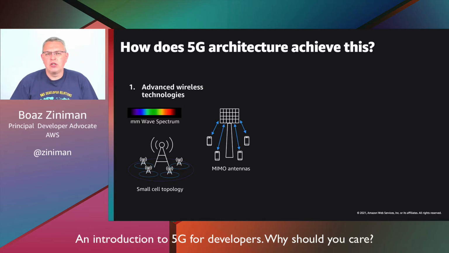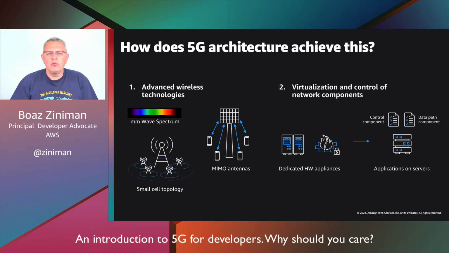New antenna technology is being developed to support multiple devices at these high bandwidths, and this is another part of the system. And lastly, network functions will enable the network to be virtualized, providing flexibility of deploying components in various parts of the network and dynamically adjusting the network to what each component needs.